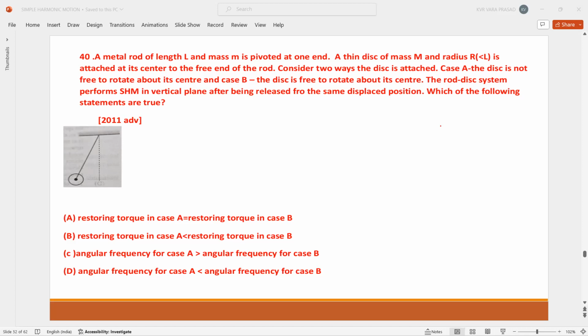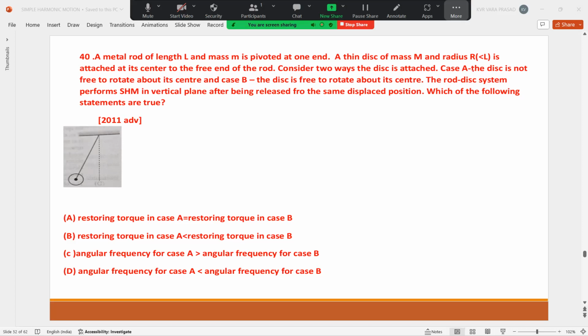So this is the given data, and in this we have to focus on case A and case B. Case A, disk is not free to rotate about its center. Case B, disk is free to rotate about its center. And when the disk is free to rotate, then the motion of the disk is a pure translation.